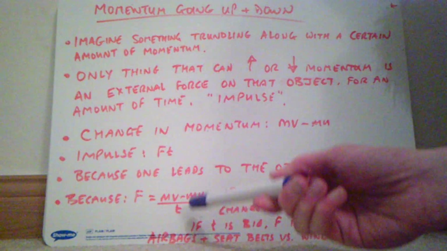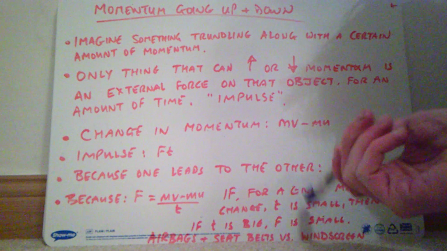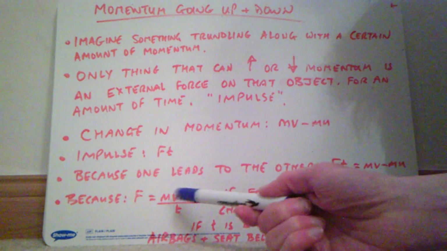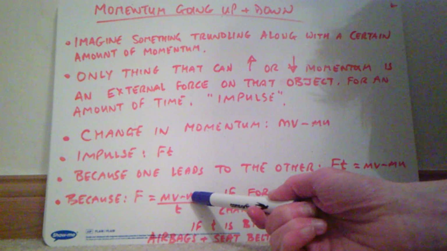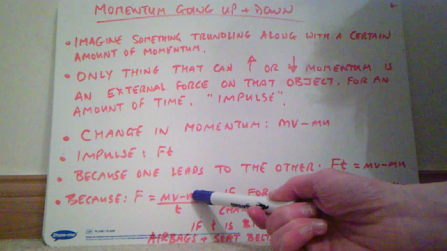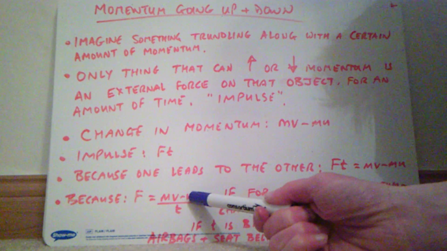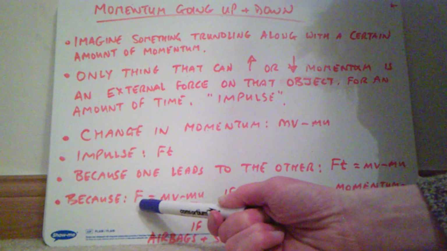These are the principles of airbags and seat belts versus windscreens. If you're in a car smash, then you are going to be losing momentum. If you go through the windscreen, then that windscreen is going to take a very short amount of time to get rid of your momentum. If t is very short, then the force on you is going to be really, really big.